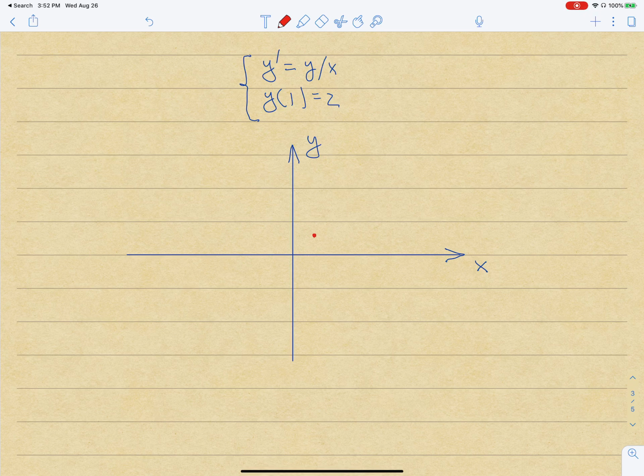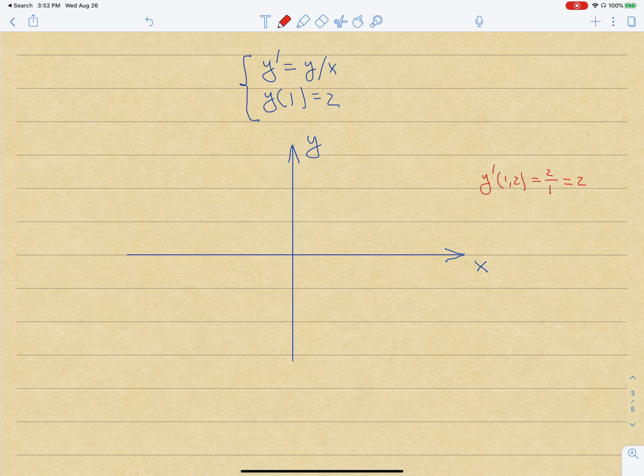I know that y prime at 1, 2 must be y over x. So this is 2 over 1, 2. So the slope at the initial point is 2. So that means that my initial graph will have, let me see, let me actually modify this because it doesn't look like 1, 2.